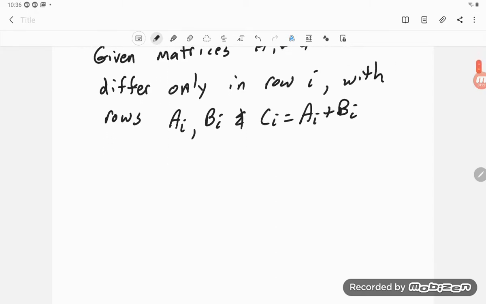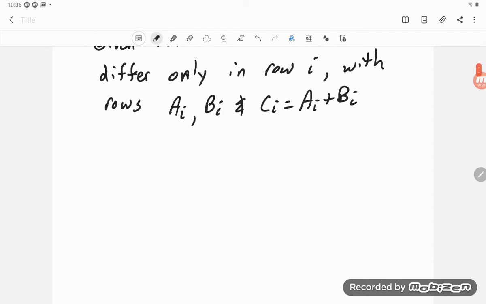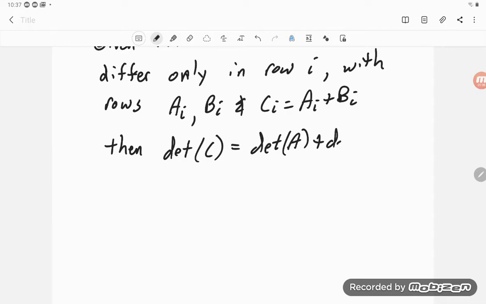If that's the case, then the determinant of C is equal to the determinant of A plus the determinant of B.